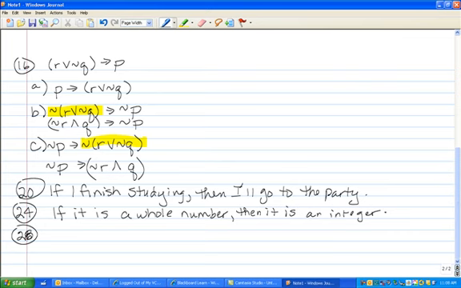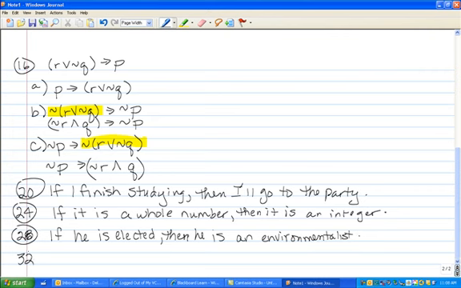If he is elected, then he is an environmentalist. Okay, 32. No integers are irrational, so if it is an integer, then it is not irrational.